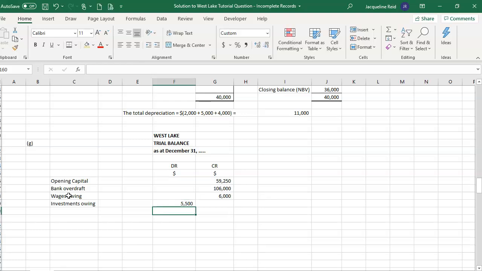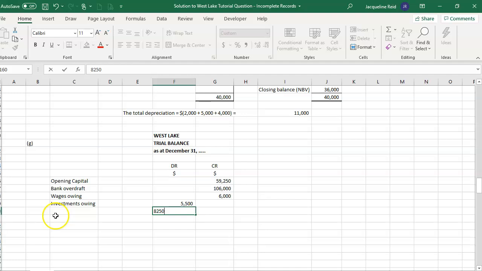Now the stock figure that we're going to use is the opening stock. The closing stock figure that you were given, you will ignore it. Why? Because that figure was derived by a stock count. It was not derived by any double entry. So we're going to throw away the closing stock figure and we're going to reuse the opening stock figure of 8,250.